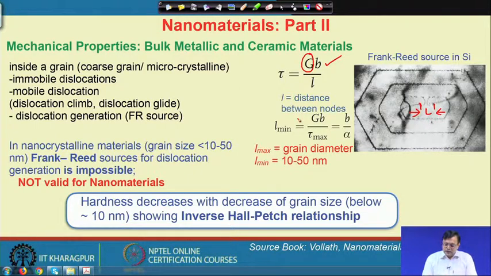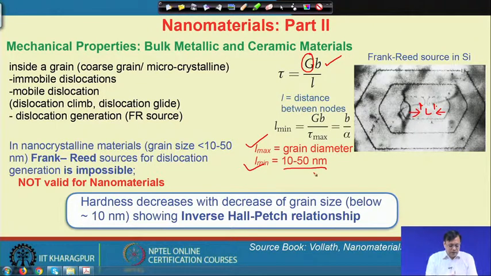Now, in any case, this L we can think about as the smallest size or the largest size. So, how large can this L be? If I have a microcrystalline sample, the L max will be the grain diameter, whereas L minimum is like 10 to 15 nanometer in case of a small nanometer size, right.